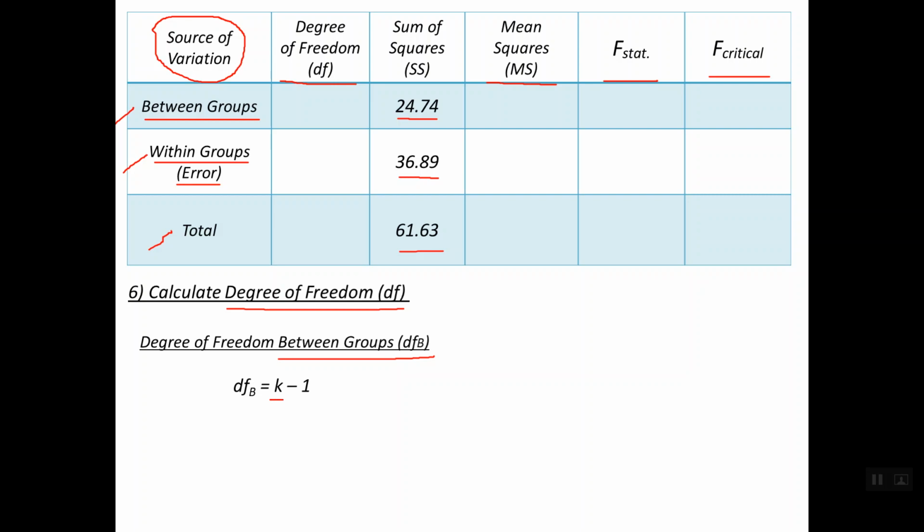It's equal to K minus 1. K means number of groups or number of treatments. And in our case, K is equal to 3. So if we substitute for K, 3, we get the final value of the degree of freedom between groups. So it's 2.